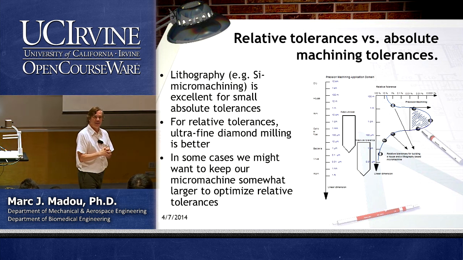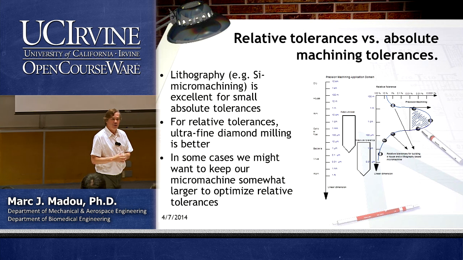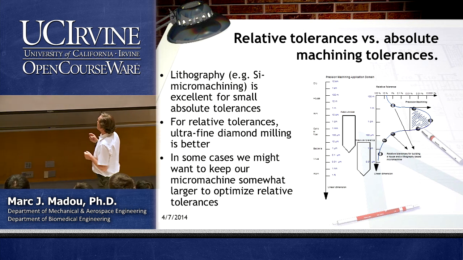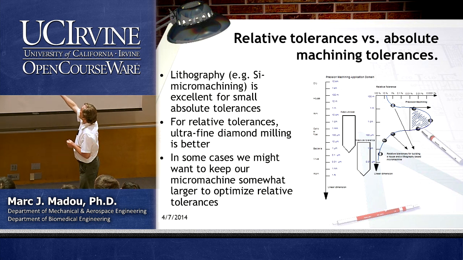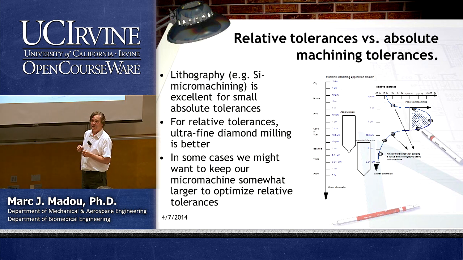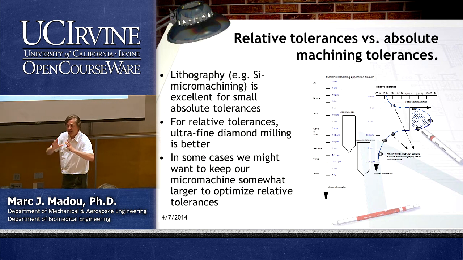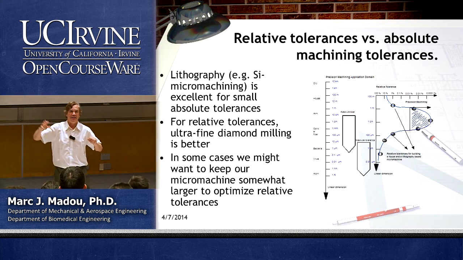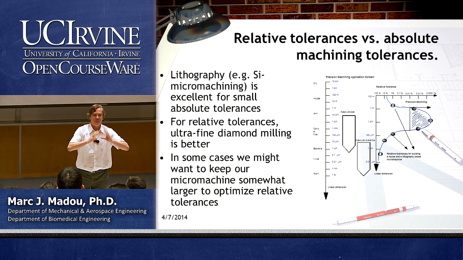So if you want to make very small things, you're not going to do it with mechanical machining. But if your relative tolerance is very important, ultra-fine diamond milling is better. People that have been polishing these mirrors at JPL for NASA, the relative tolerances of these things are much better than on your IC.